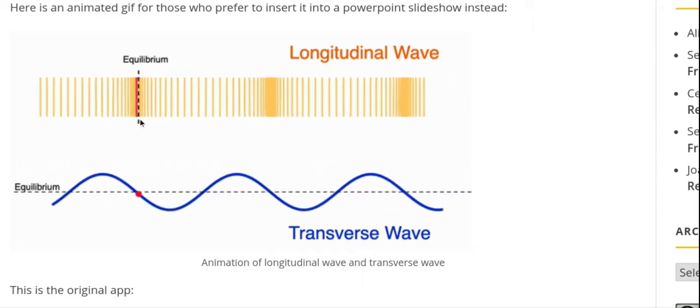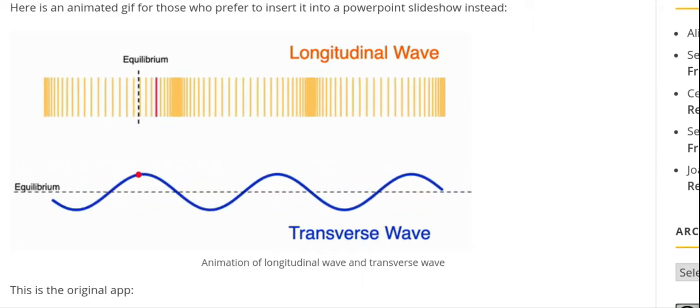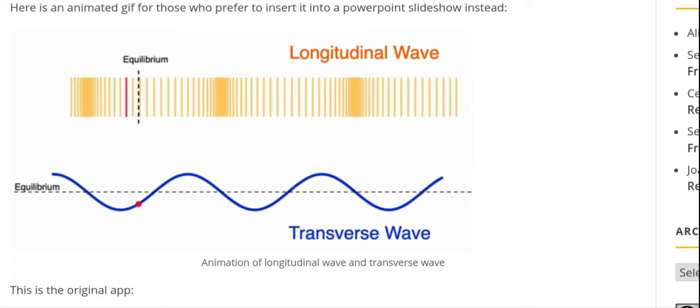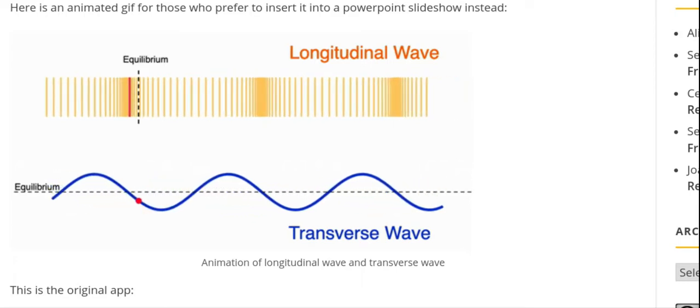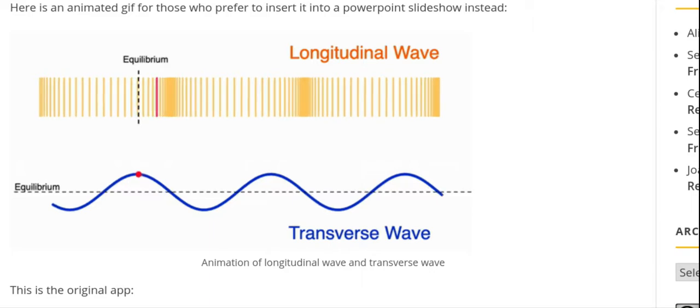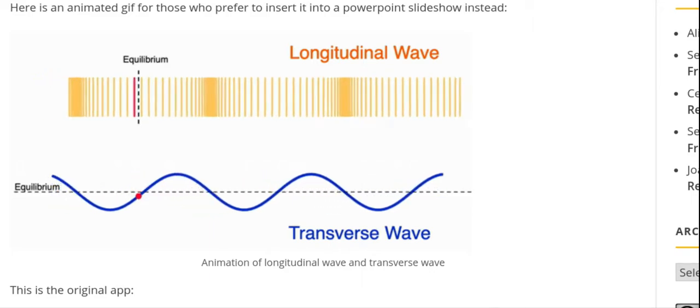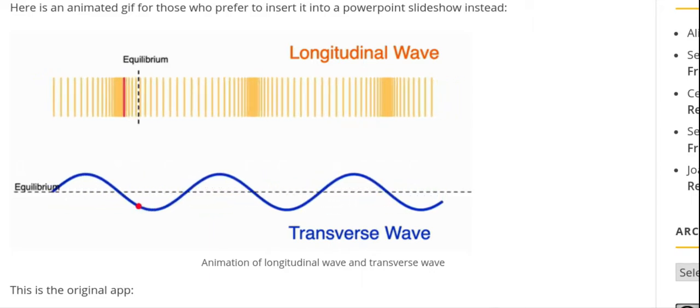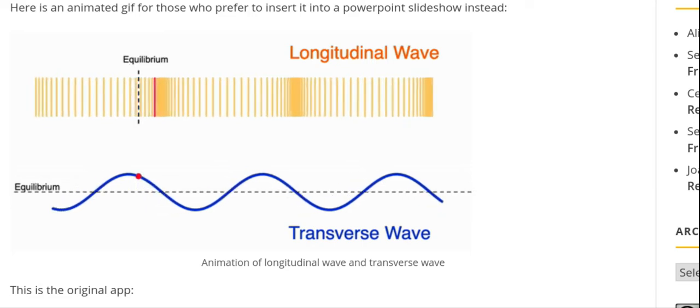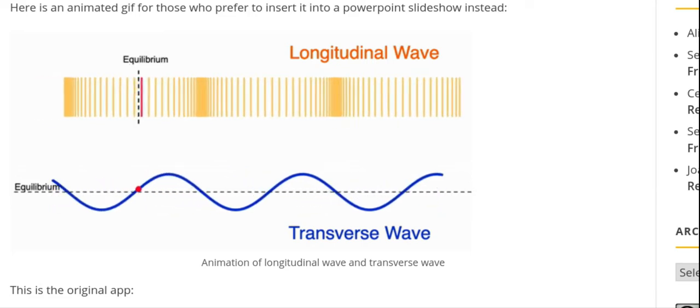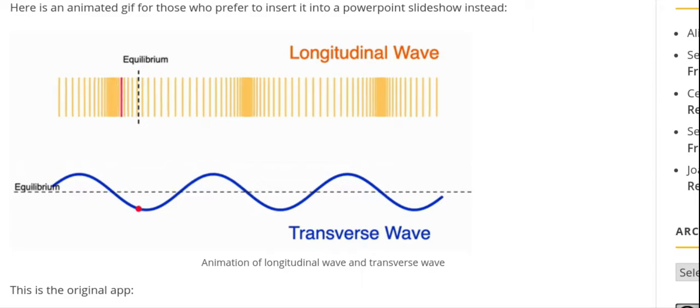A very good example would be a sound wave. A sound wave is basically an air pressure wave. If I clap real loud, I create an air pressure wave that travels across the room, and it vibrates your eardrums, which is what you perceive as sound.